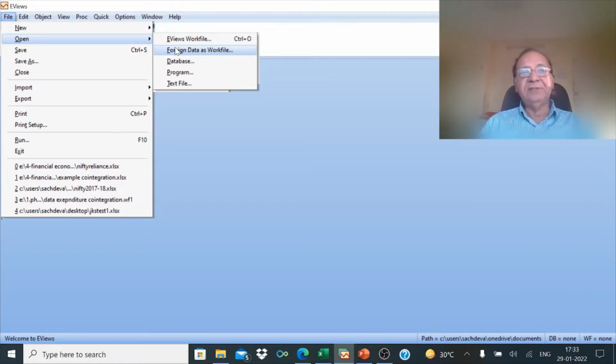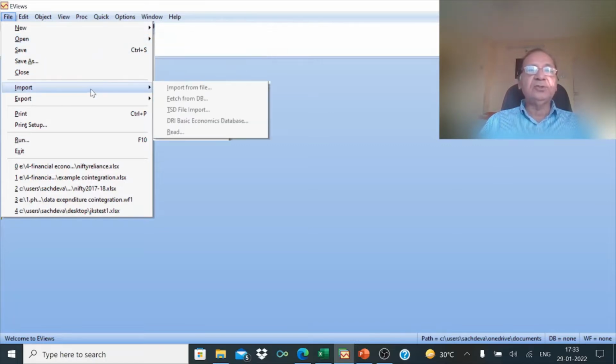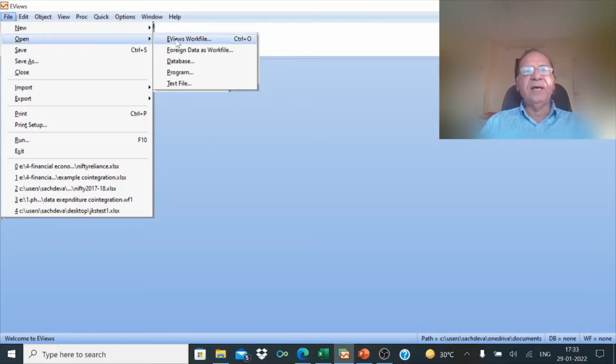Now the file which I have shown you is an Excel file, so the Excel file is converted into an EViews file by the EViews software. You can also import the file if required. So we will open foreign data as workfile, or you can directly open the file.